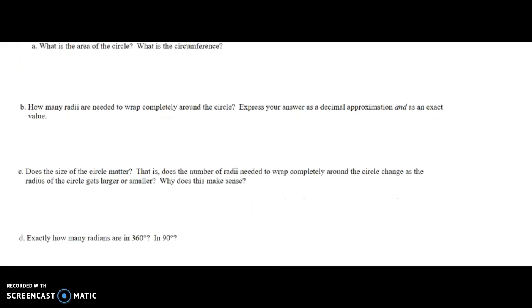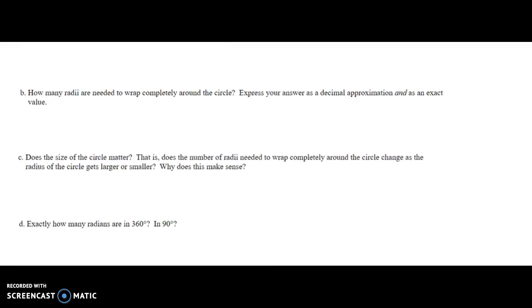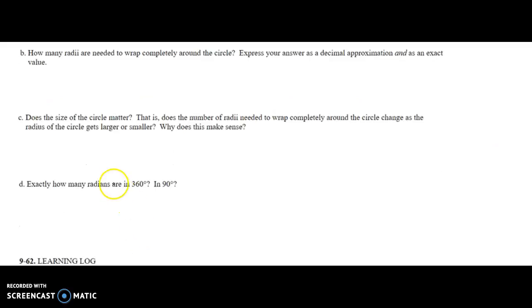It also has you think about how many radians are in 360 degrees, or how about 90 degrees? You might want to think about whether there is some way to do a conversion between these two concepts.